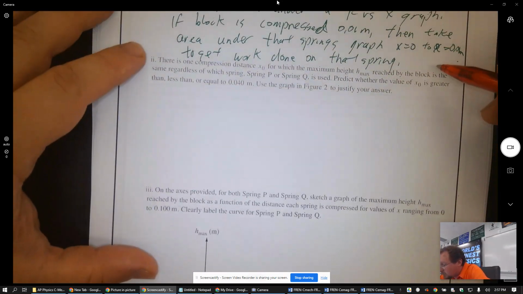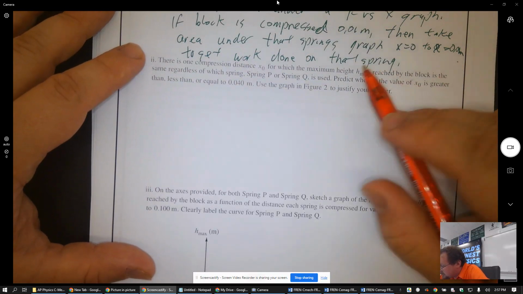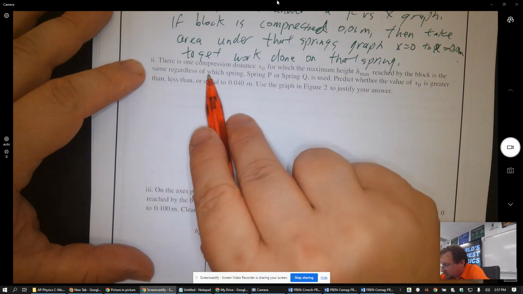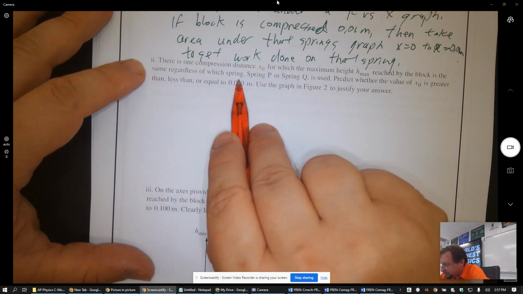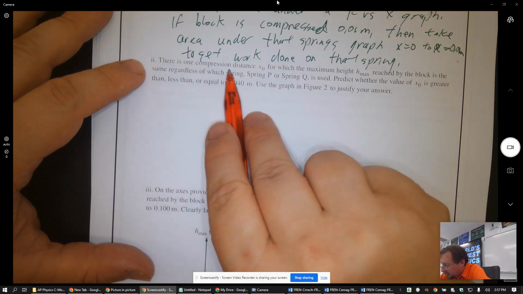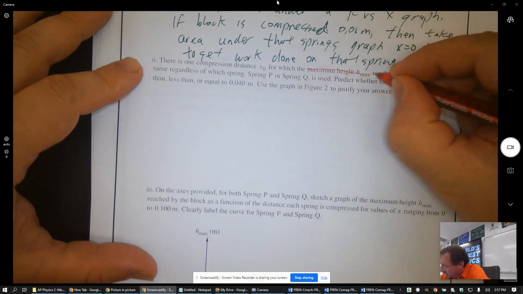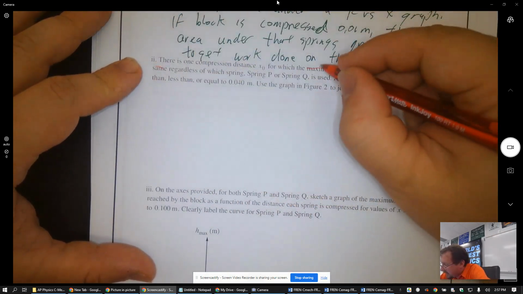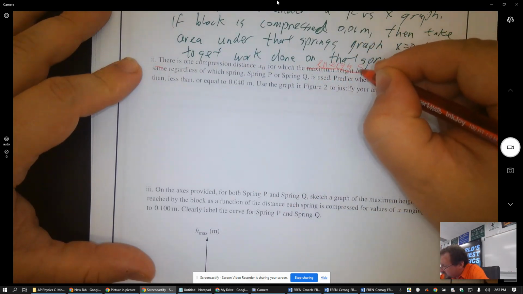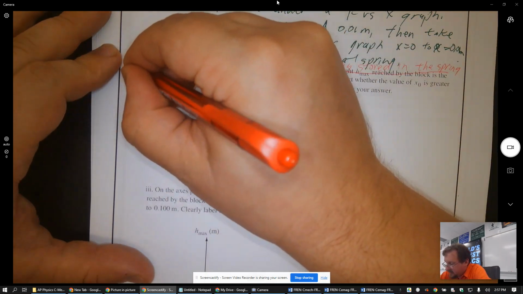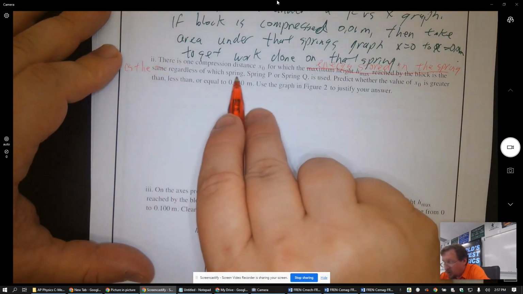Okay, there's one compression distance for which the maximum height reached by the block is the same regardless of which spring. There is one compression distance, x naught, for which the energy stored in the spring is the same regardless of which spring.